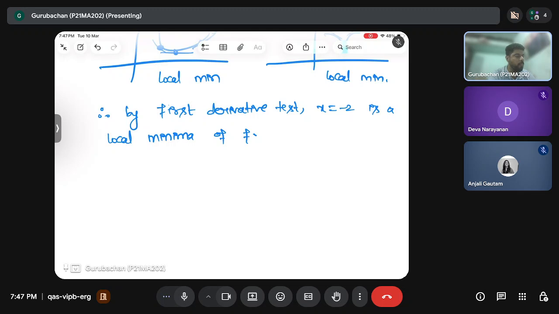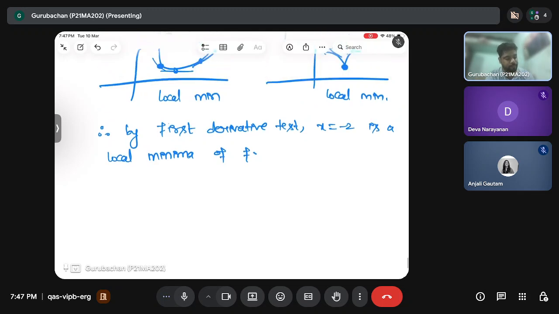Next is B part, (x minus 1) whole square (x plus 2). So it is very clear that it is anyway greater than 0 except x equal to minus 2 and 1.